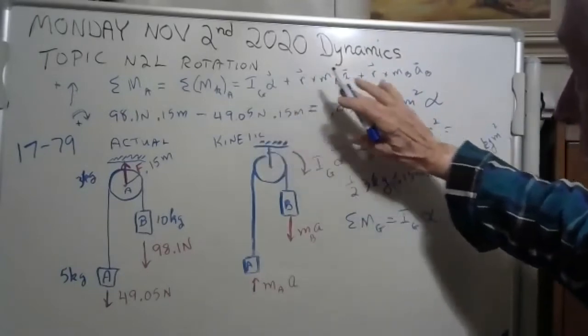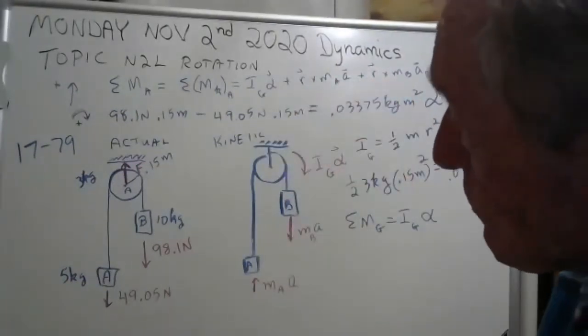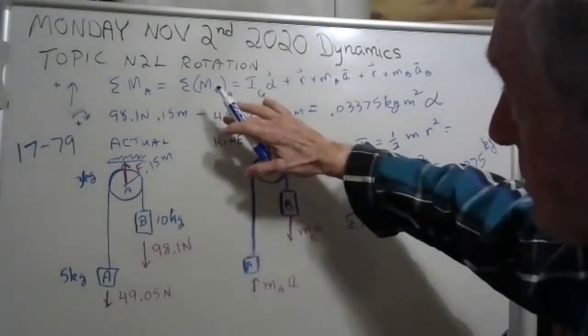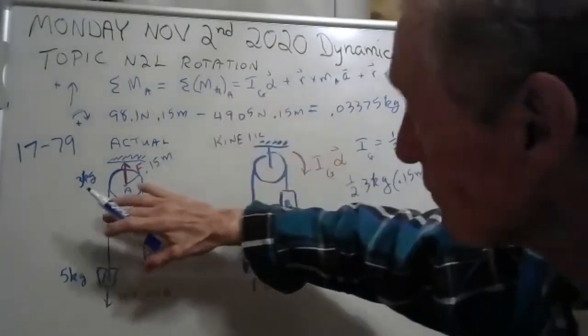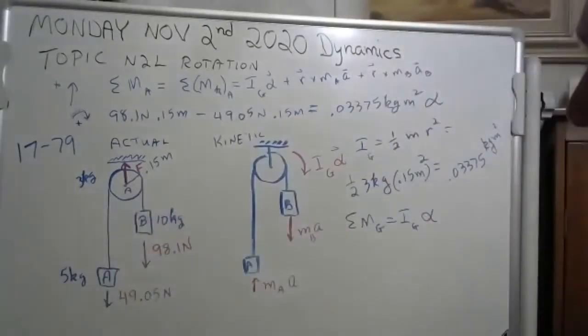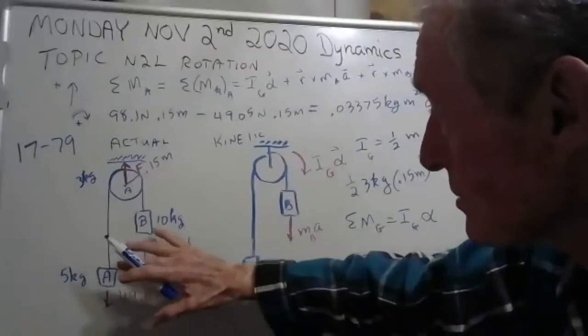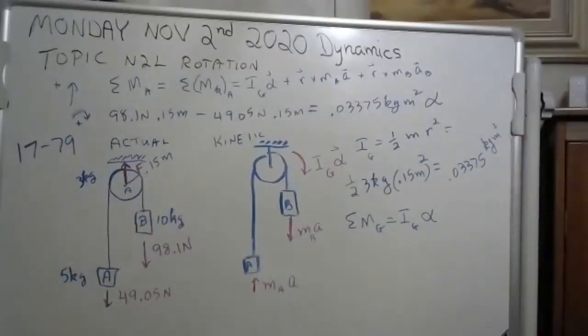These little guys here are called kinetic moments, and you can't just forget about them. All I've got here is the kinetic moment for the pulley, but there are kinetic moments associated with these bodies here. And now we're going to find our answer.